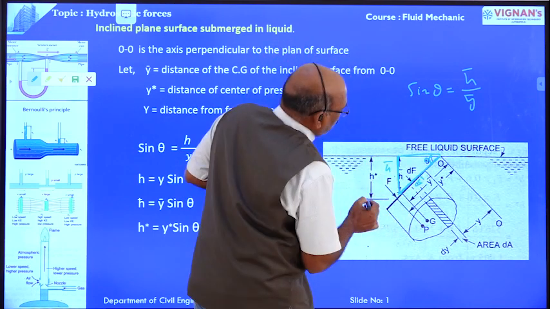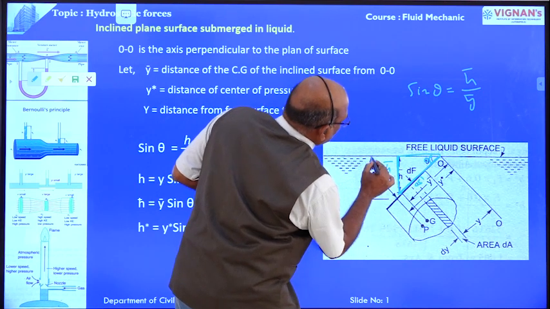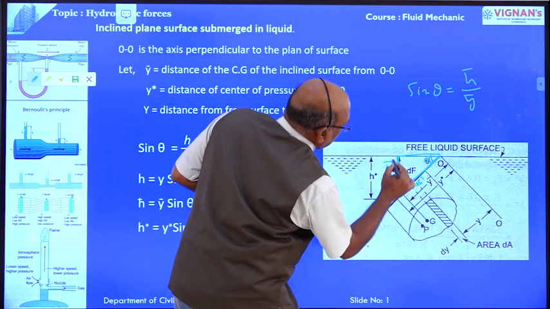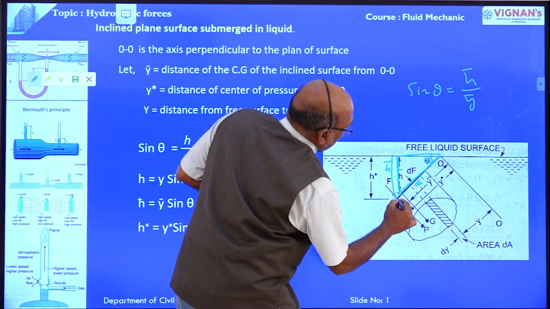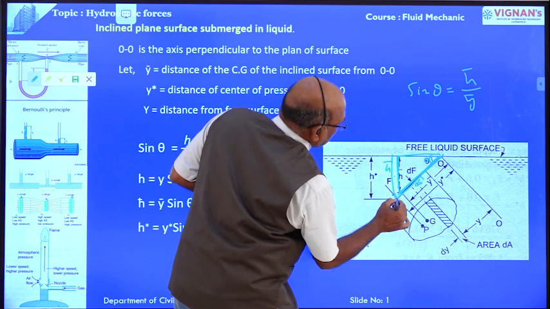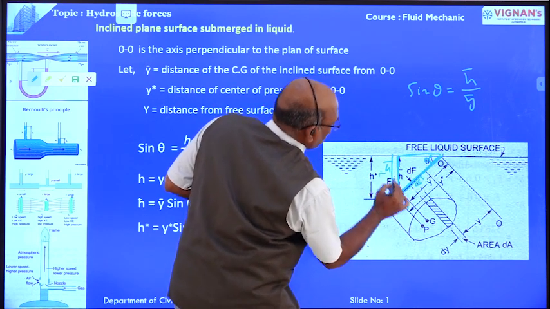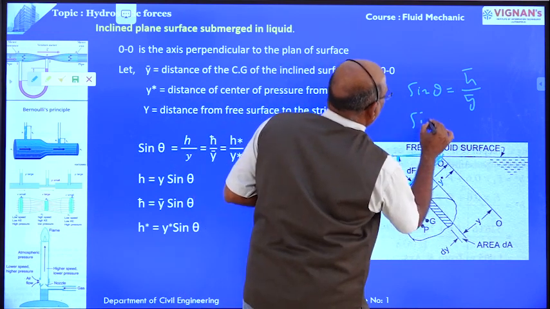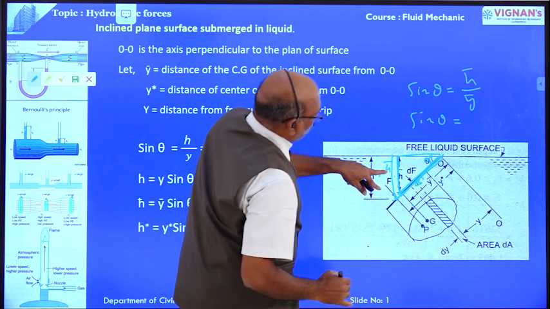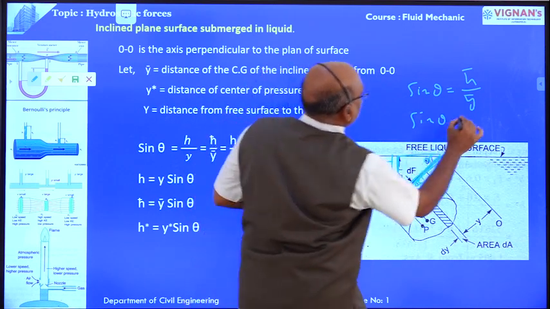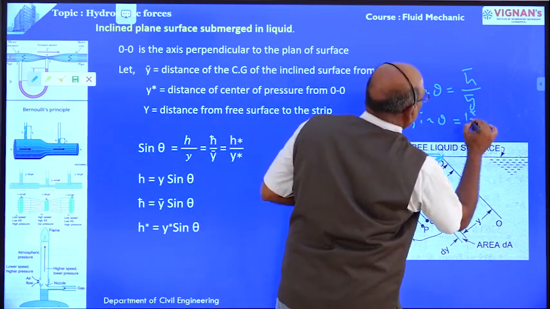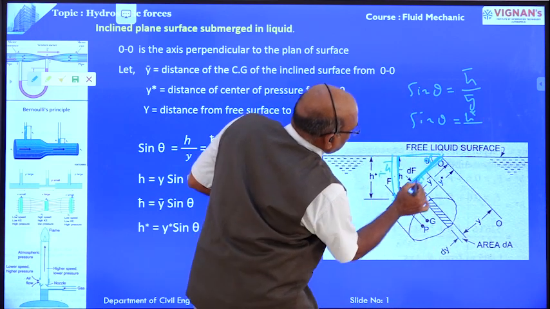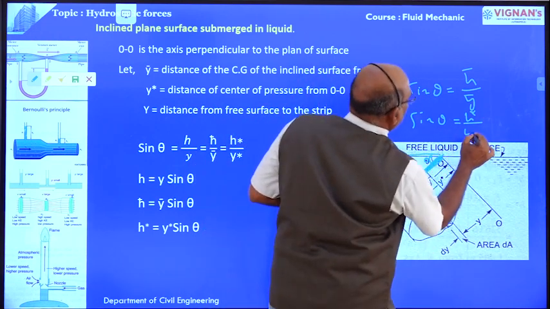Again, now we take this point and this point. This is nothing but h star and this is nothing but y star. Here also sin theta is equal to the opposite side h star divided by the hypotenuse, y star.